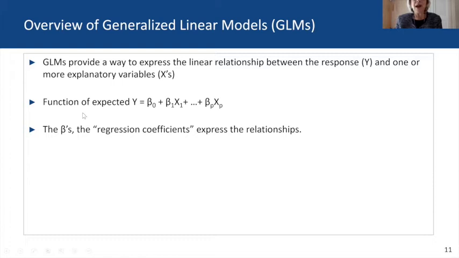So our goal with generalized linear models is that we have some function of the expected y that we can write as this straight line relationship, beta naught plus beta 1 x1 plus all the way through plus beta p xp. The betas, the regression coefficients for the x's, are what express the relationship between the covariate of interest and the outcome.